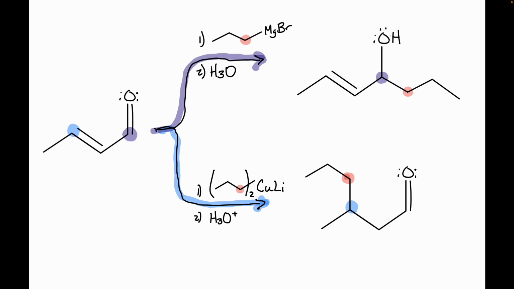So our Grignard is going to prefer that electrophilic carbonyl carbon. Our Gilman, again, creates a new carbon-carbon bond, but it's going to prefer that electrophilic beta carbon.